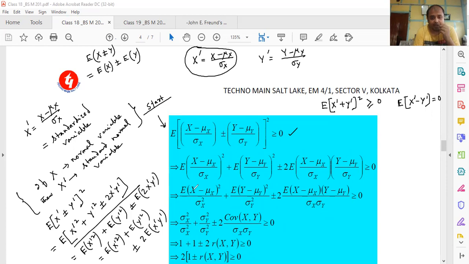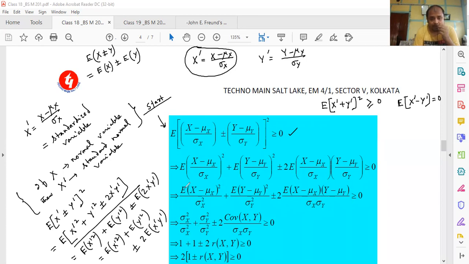We'll simply get E of (x minus mu x) whole square by sigma x square. Similarly, from here, we'll get E of (y minus mu y) whole square by sigma y square. And similarly, from this quantity, 1 by sigma x will come outside, and 1 by sigma y will come outside. So ultimately, we'll get 2 multiplied by this term, where the numerator is getting divided by the product of sigma x and sigma y.